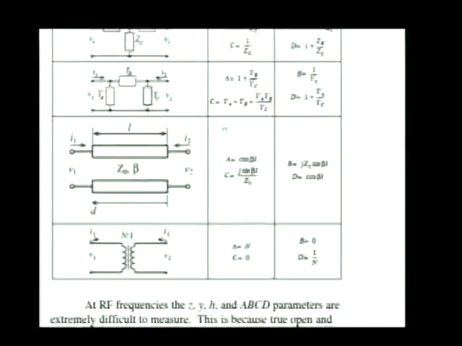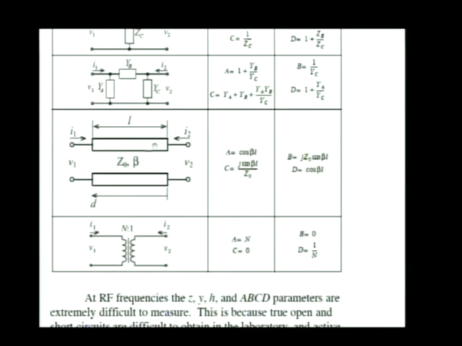Here is another useful circuit element for us to have the chain parameters of. Inside of the two-port network is nothing more than a transmission line of length L, excuse me. So we've got a transmission line with characteristic impedance Z0, phase constant beta.